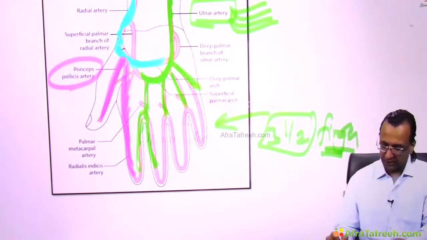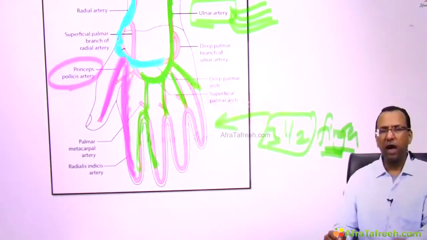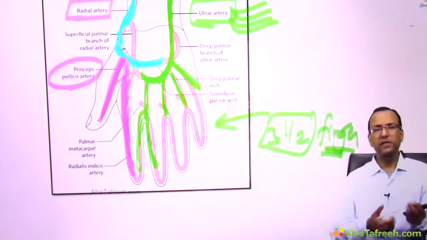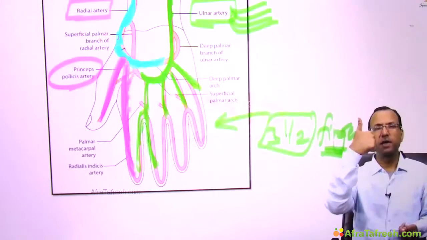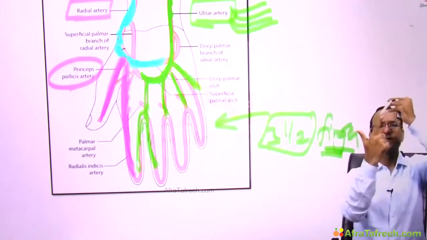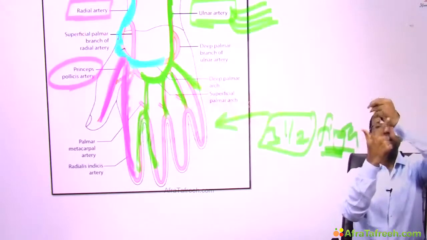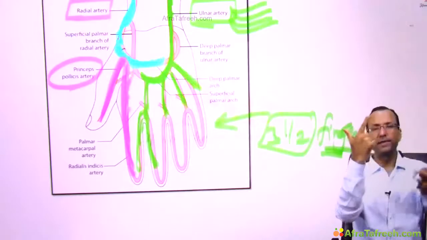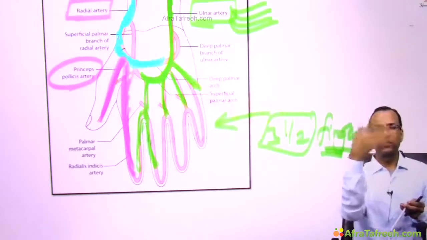What is radialis indicis? It is actually 1.5 fingers supplied by the radial artery: the thumb, lateral and medial side, and also the lateral side of the index finger. So the lateral side of the index finger, yes, and the lateral side and medial side of the thumb, yes. This is all by the radial artery. What about the other 3.5 fingers?